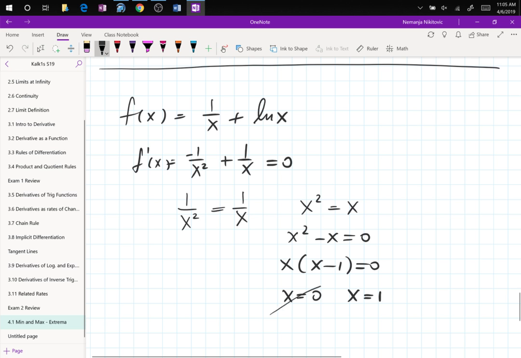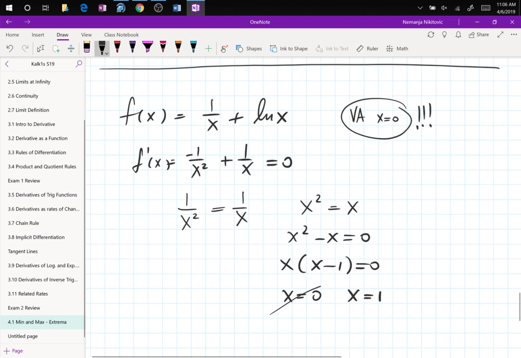Now you have to throw away the 0. Why? Why do you have to throw away 0? 1 over x cannot be defined at 0. So we have a vertical asymptote at x equals 0.